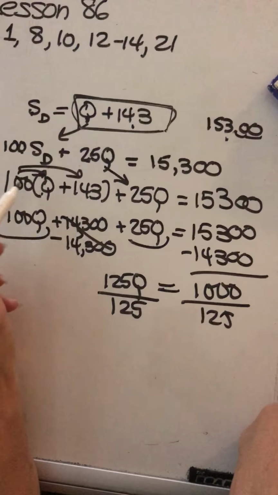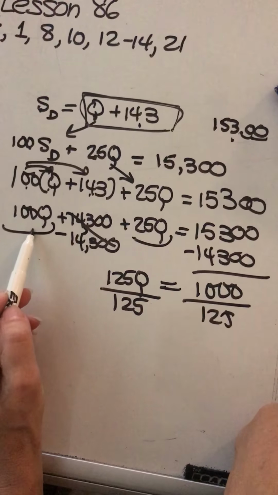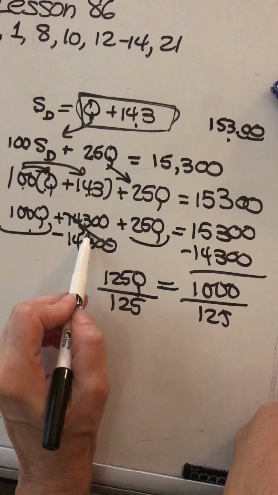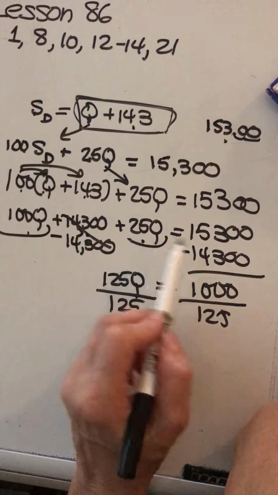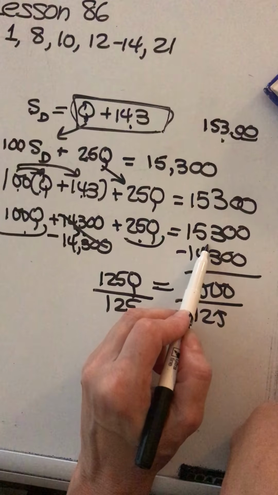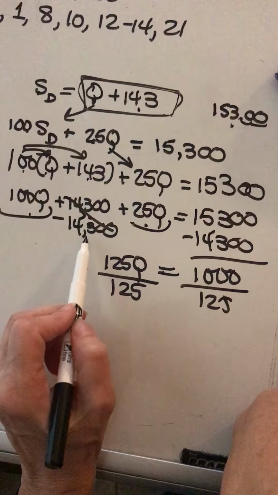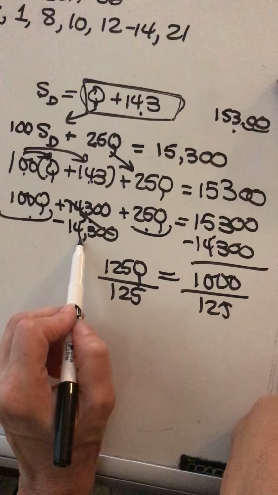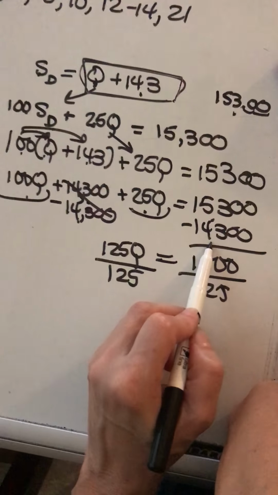I then distribute my 100 to both quarters and 143, and I have 100 quarters plus 14,300 plus 25Q equals 15,300. I want to move all my constant terms to the right, so I do that through subtracting 14,300 on both sides.